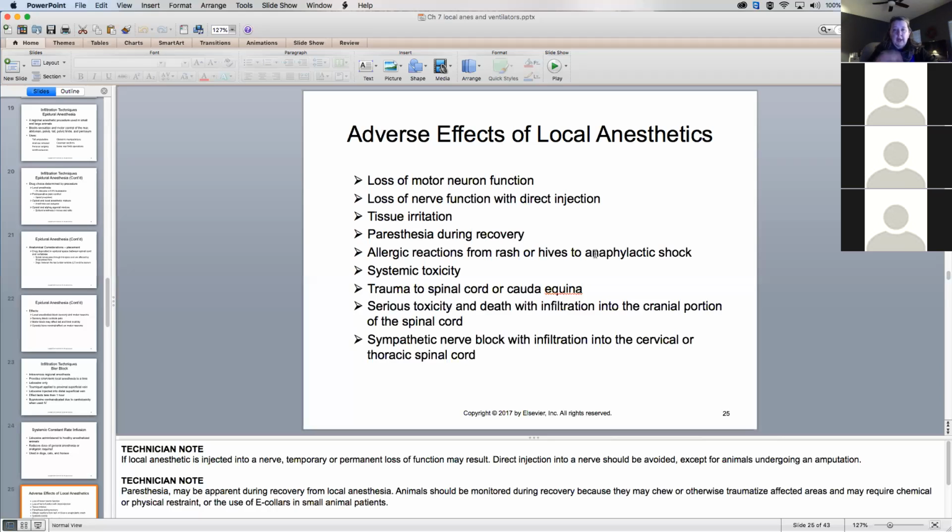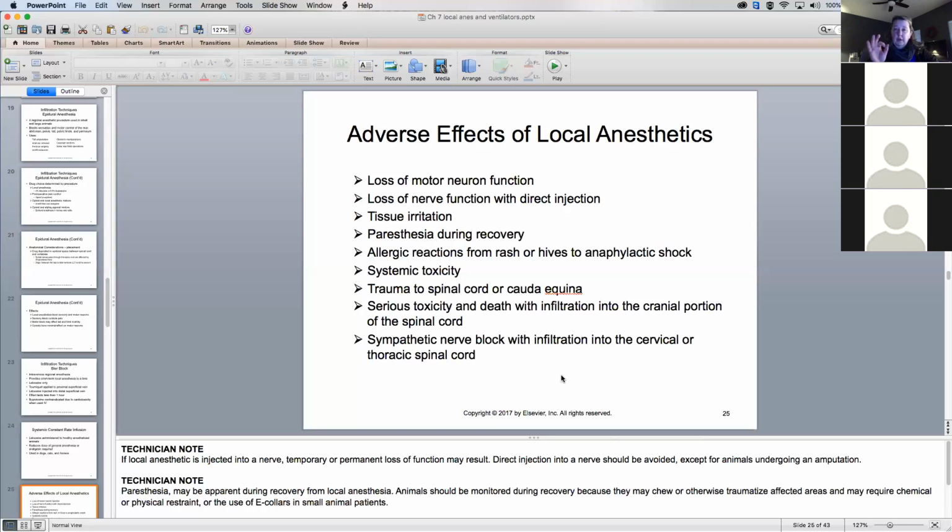Now, could they get flushing of the skin and a rash post-op? Sure, but that's more of a local reaction versus a systemic reaction, and that's what we worry about. We also worry about systemic toxicity, trauma to the spinal cord, and the sympathetic nerve block.